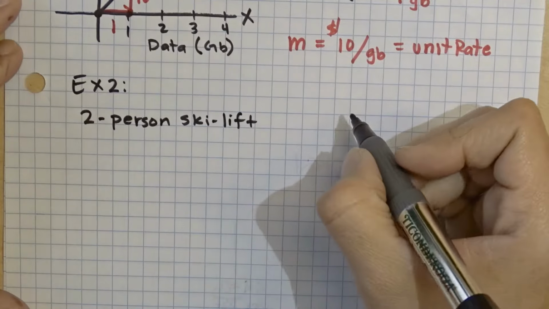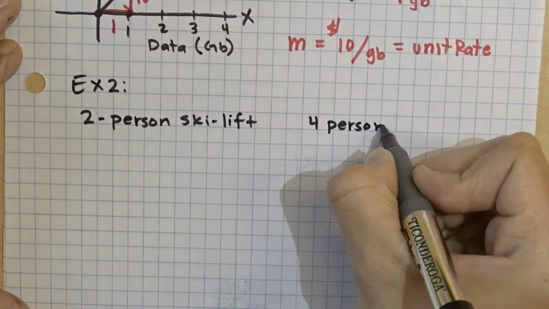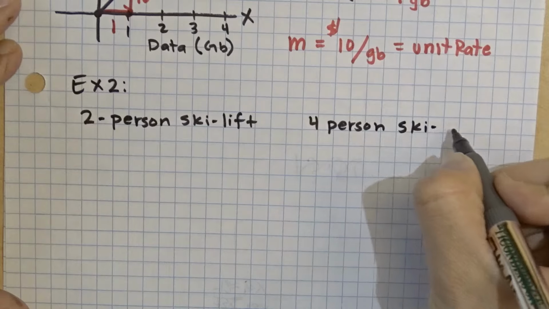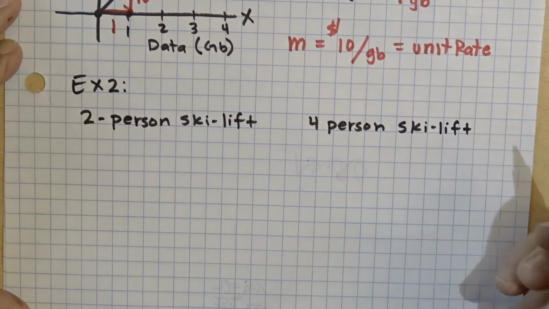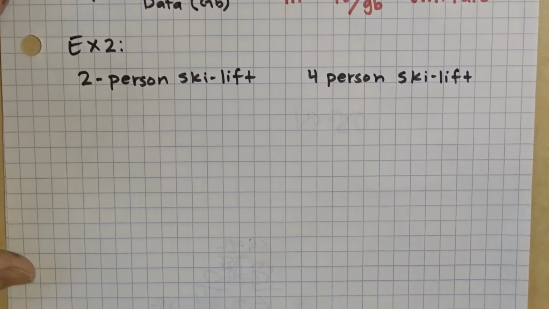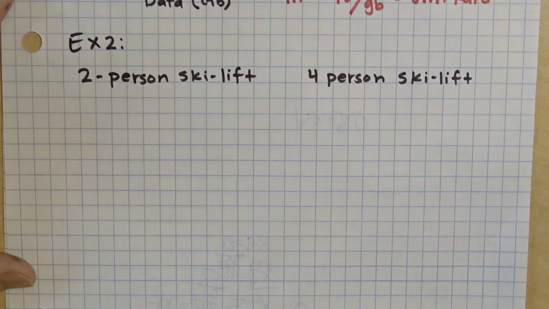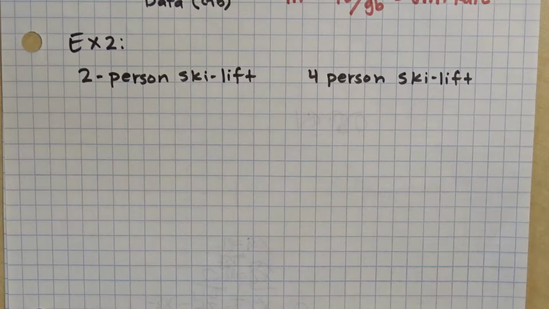And then we have a 4-person ski lift that takes people up at a different rate. So obviously one is faster, one's slower, or maybe the same speed, who knows. But we're going to try to figure out, of the 2 ski lifts, which one's faster? Which one will get us up the mountain faster?